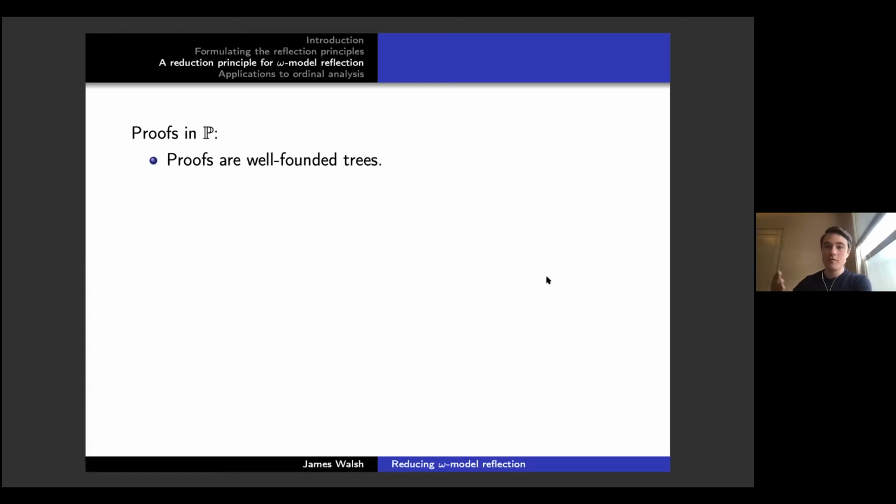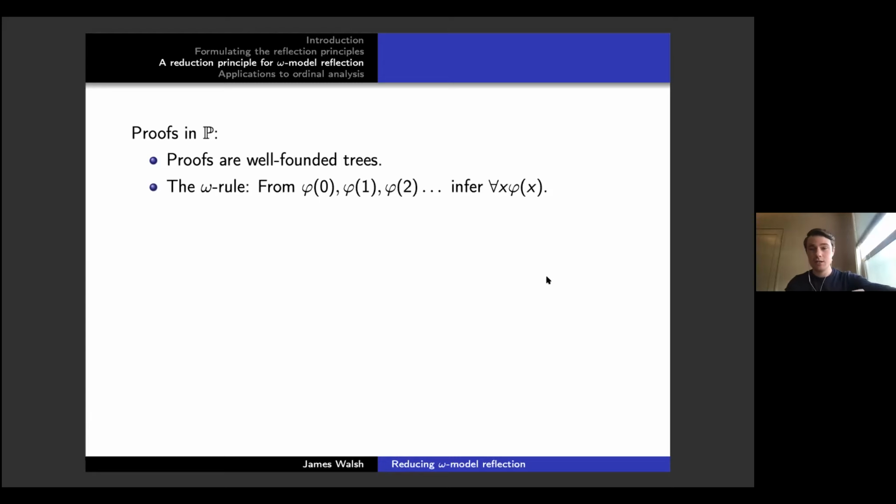The proofs are well-founded, so you don't get any infinite paths through the tree. If you start stepping back, it always terminates in some axioms. Our proof system is infinitary, and in particular, we have a version of the omega rule in our system. The omega rule says from phi 0, phi 1, phi 2, and so on, all the way up, you get to infer for every x phi x.